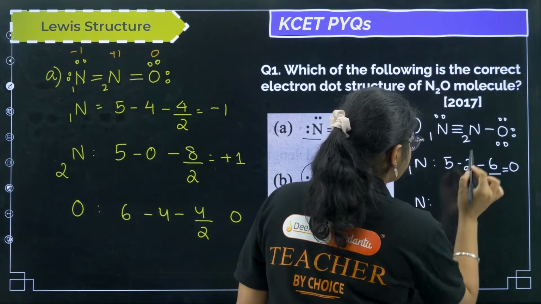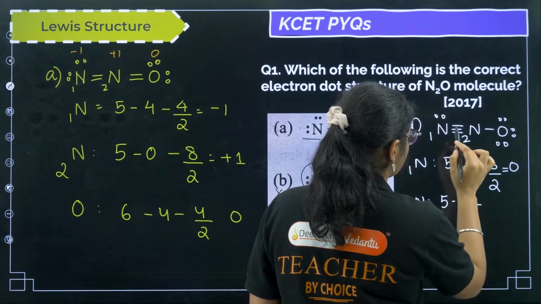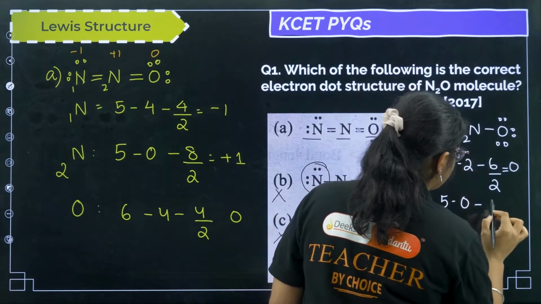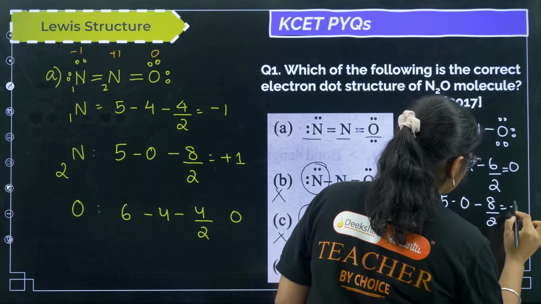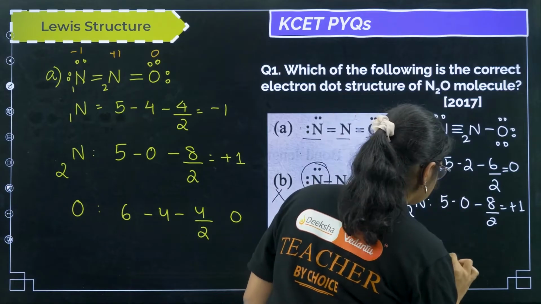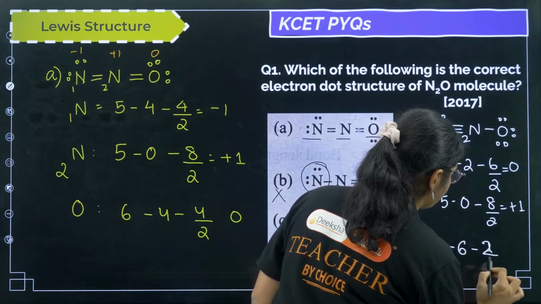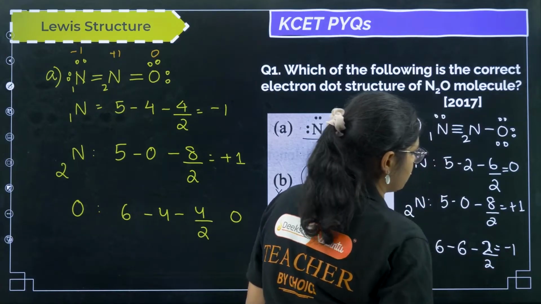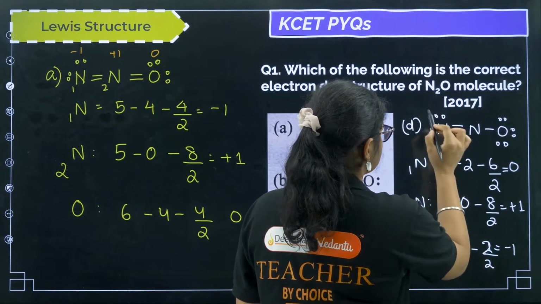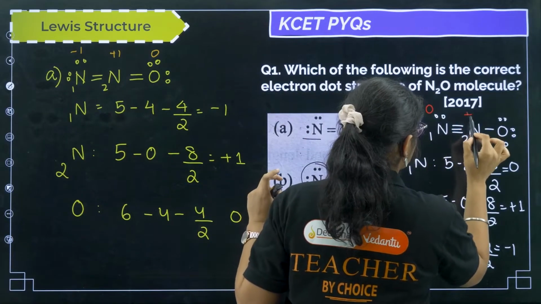For N2, it is 5 minus 0 minus 8 by 2, which is equal to plus 1. For oxygen, it is 6 minus 6 minus 2 by 2, so it is equal to minus 1. So the charges are 0, plus 1, and minus 1.